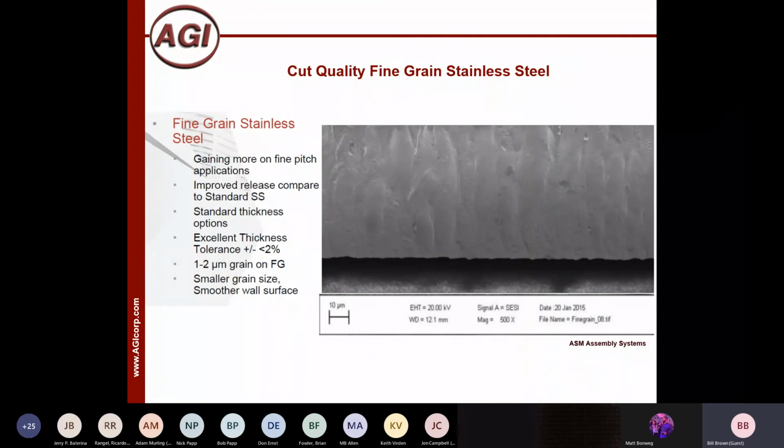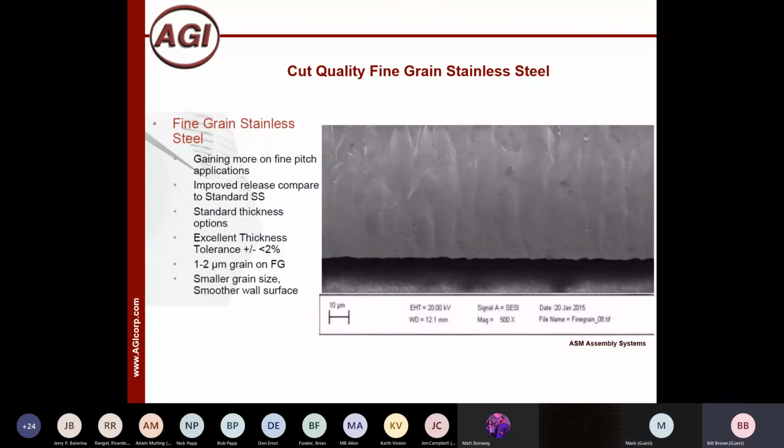You can see the cross section here and what that fine grain looks like under magnification, and see that it's already very smooth. With the small grain size on the foils and the laser technology, we no longer have to send these off to be electropolished. I think the term they're using now is laser polished, but it's really just the beam size and the material technology.